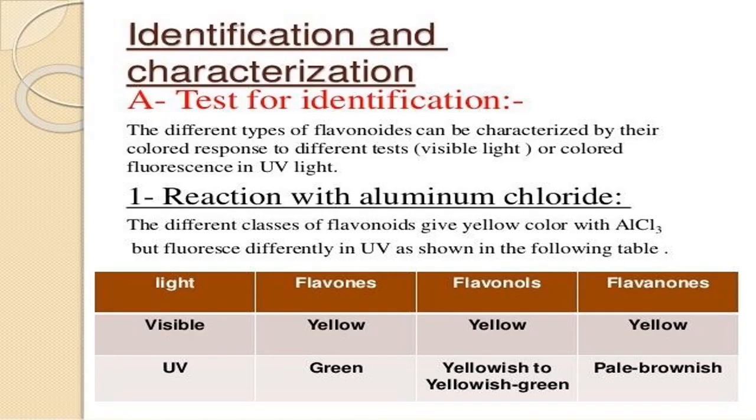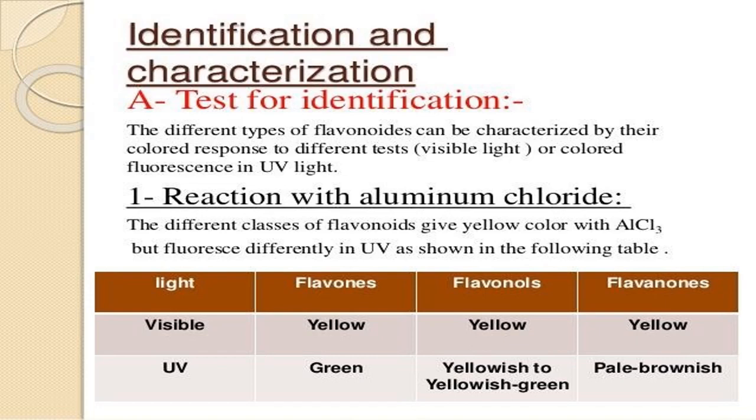Then again, all the three will give yellow color in visible light. But under UV light, flavones will give green color, and flavonols yellowish to yellowish green. Then flavonones yellow, pale to brownish.